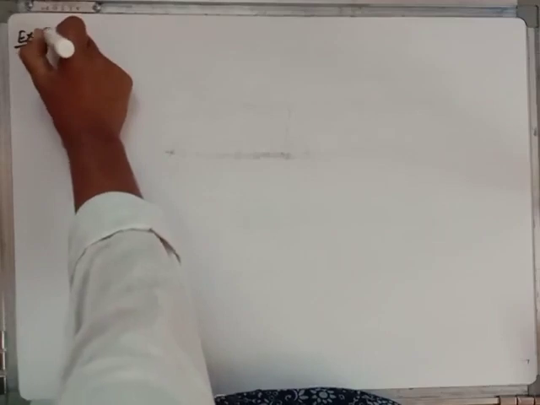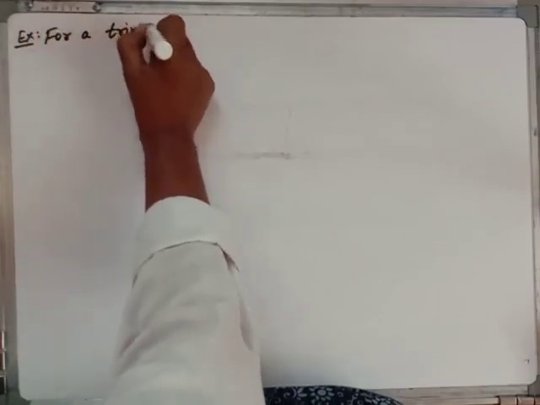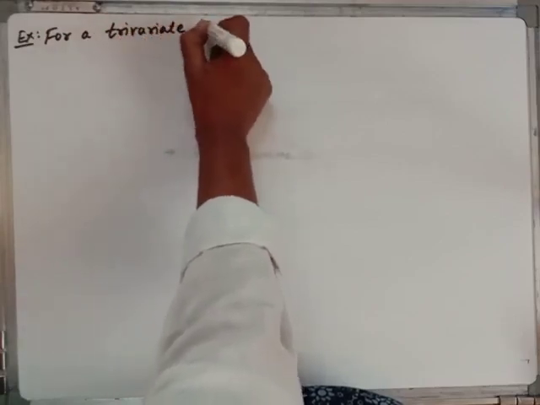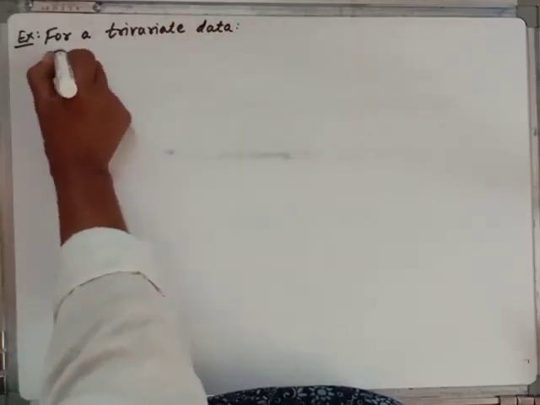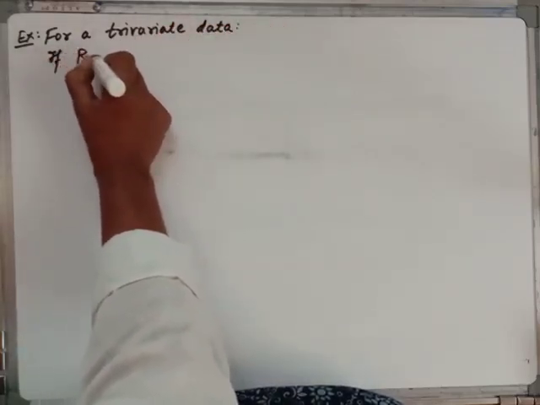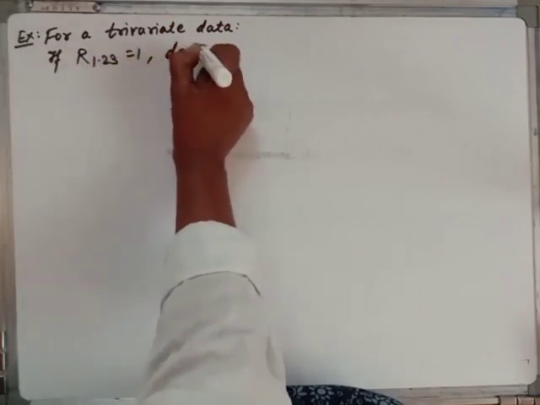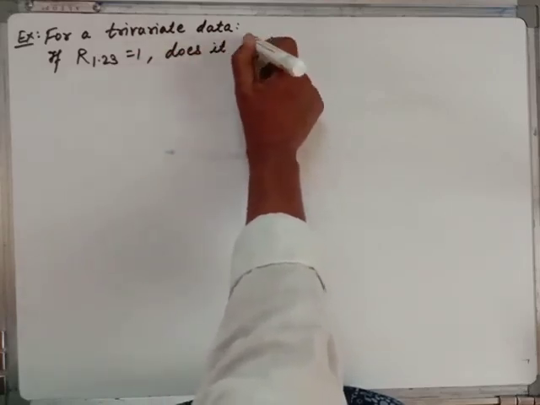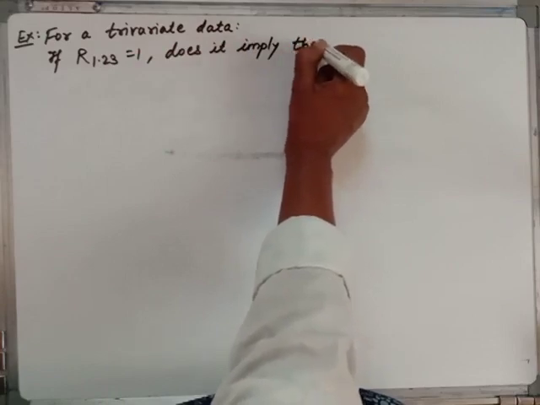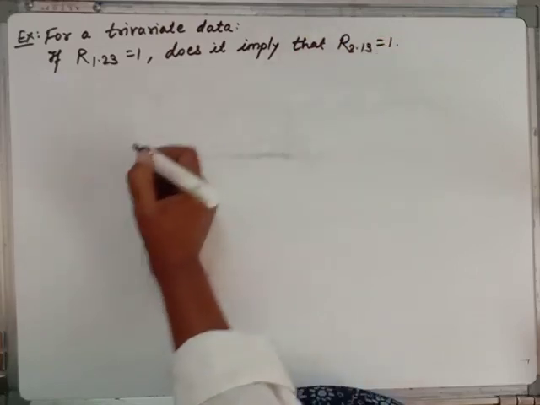The next one, next example says, for a trivariate data if R1.23 is 1, does it imply that R2.13 is also 1?